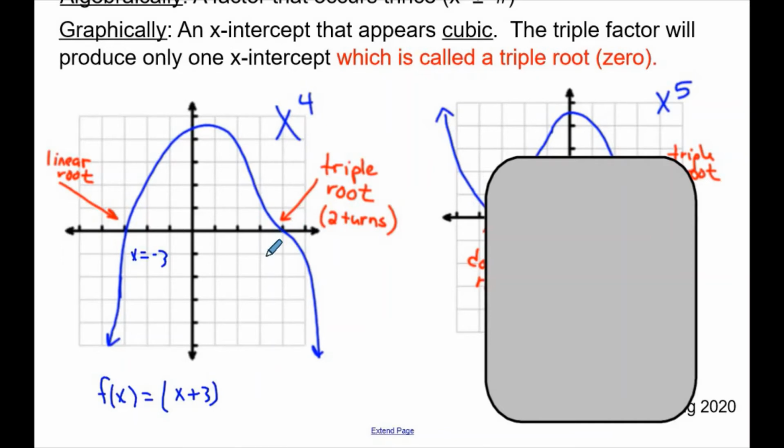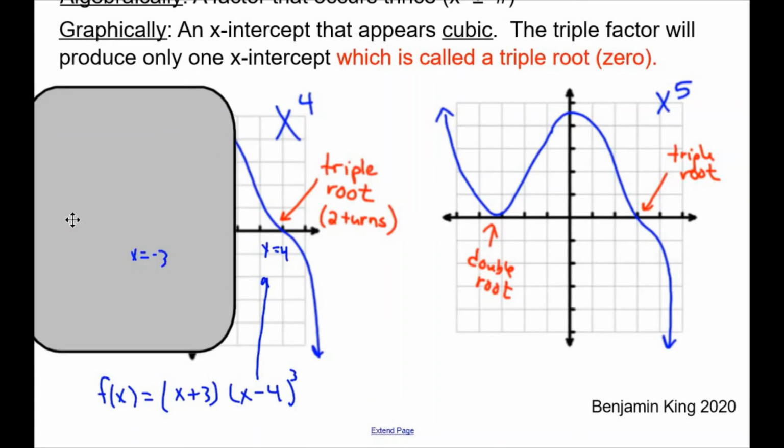But this one right here at x equals 4 would be x minus 4, and we would actually write it down 3 times for a total of 4 factors. But since we would be duplicating it, it would be easier to write x minus 4 to the 3rd power, and that directly matches the fact that that looks like a cube graph. Again, it looks like a cube graph from Unit 2.